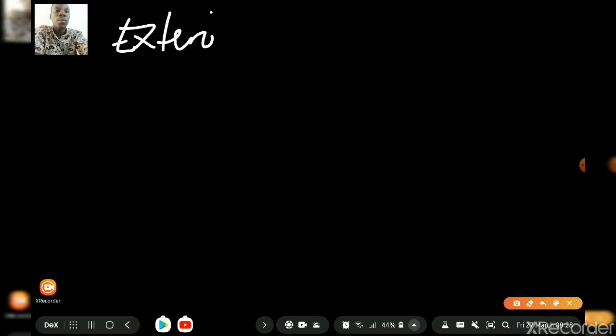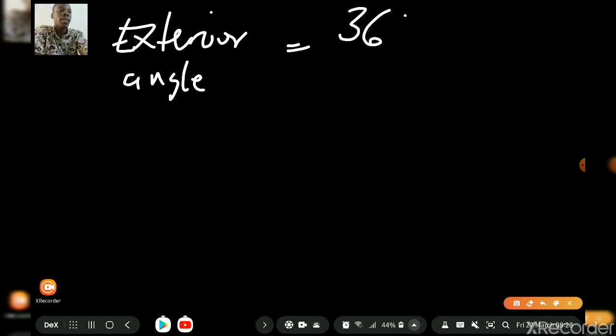It has been proven that if we add all the exterior angles of any polygon, it is going to give us 360 degrees.